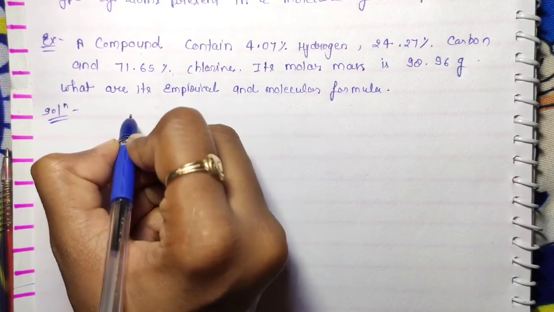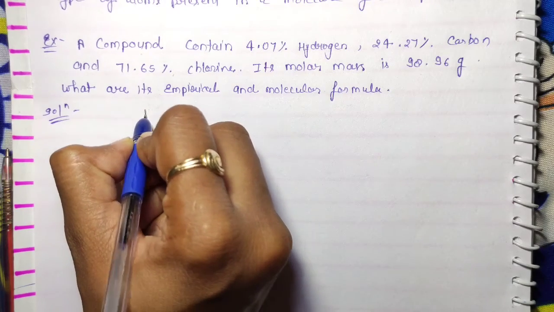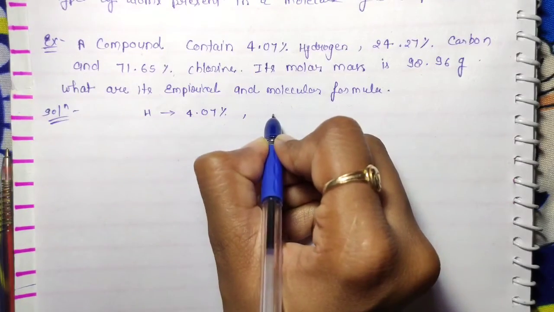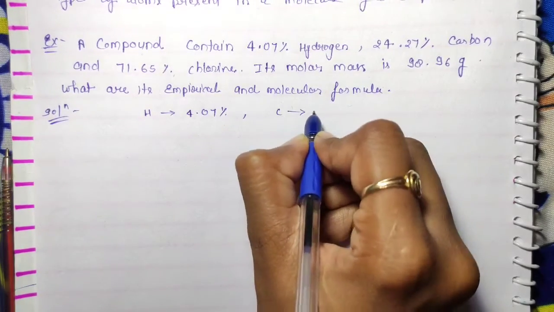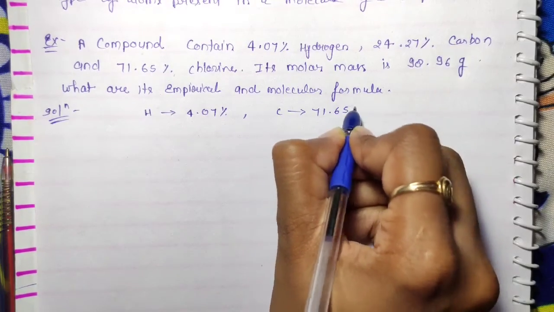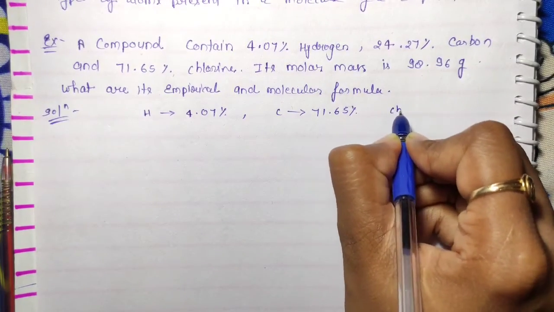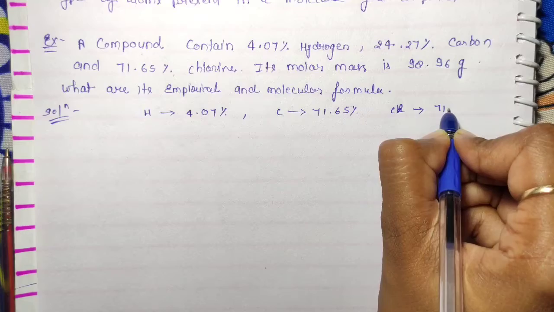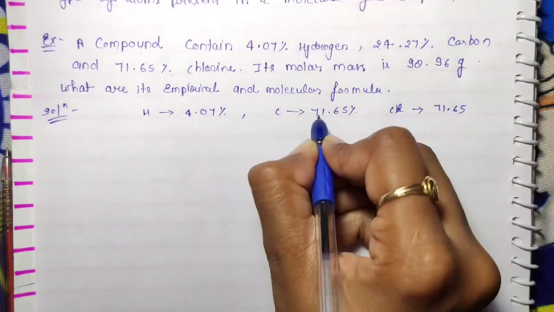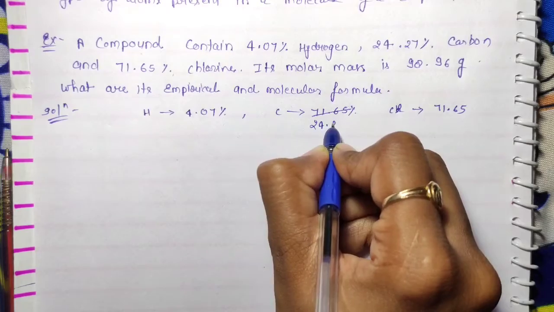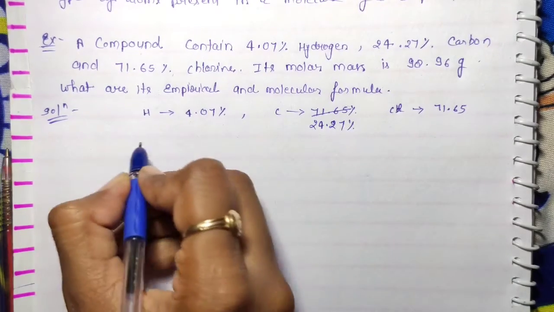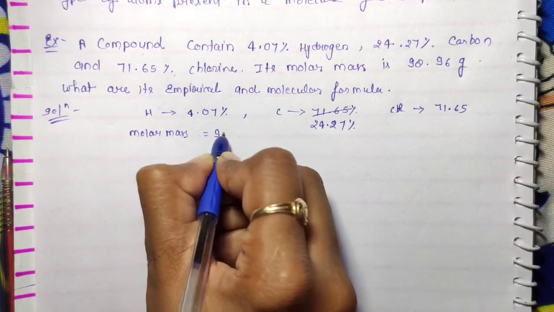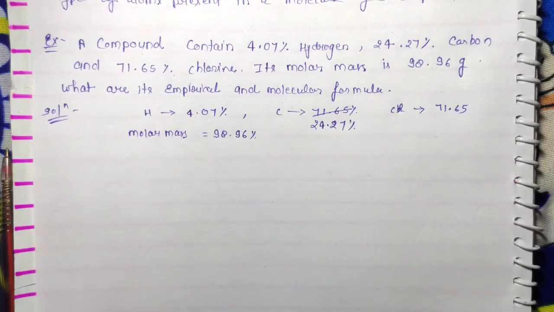First, we will write percentage composition of hydrogen is 4.07%, percentage composition of carbon in the compound 24.27%, and percentage composition of chlorine, Cl, 71.65%, and molar mass is 98.96 gram.